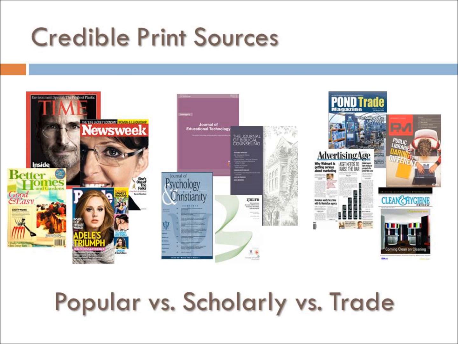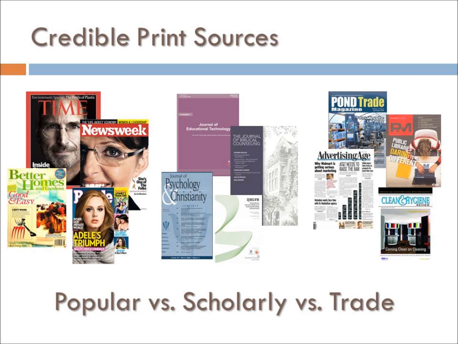The second group that we're going to look at are scholarly print sources, and those include journals. They're not quite as colorful. They are geared towards specific disciplines or specific areas of thought, and for the most part, the people that contribute for these journals are academic people. They are affiliated with colleges or universities.